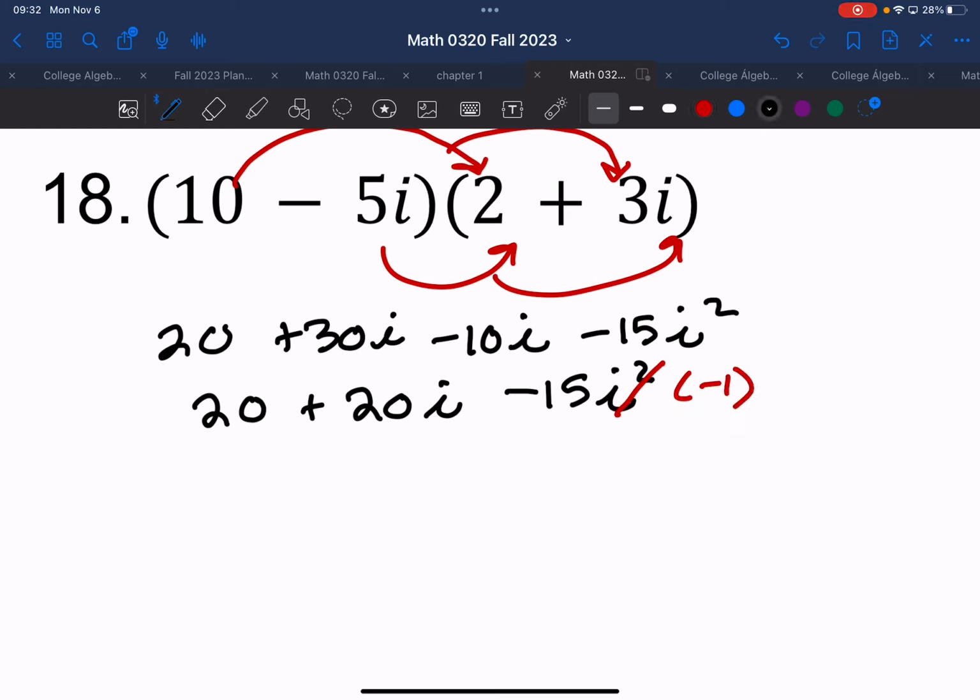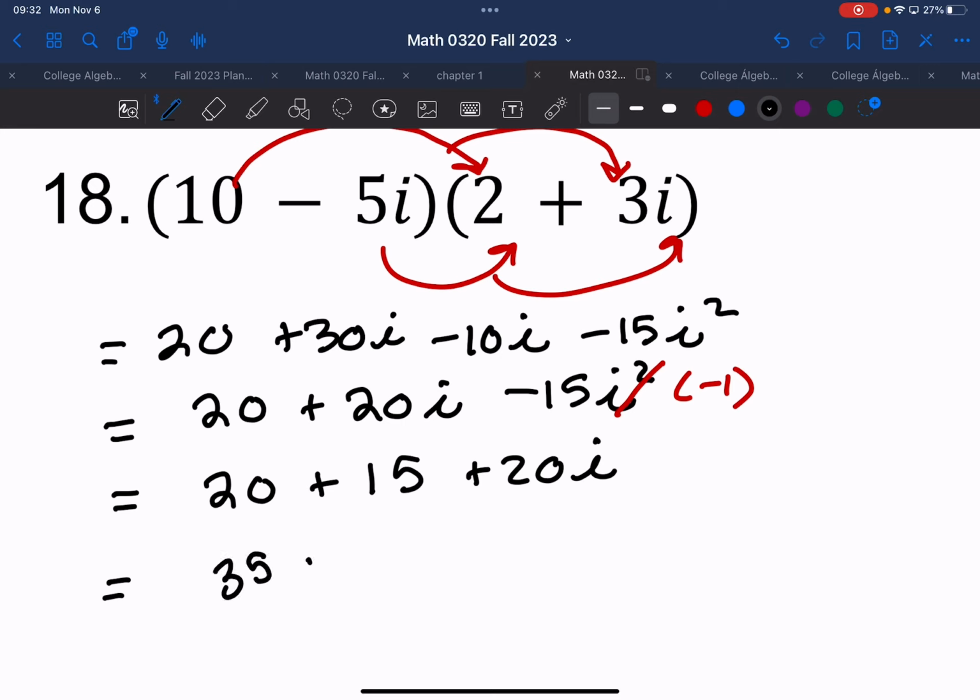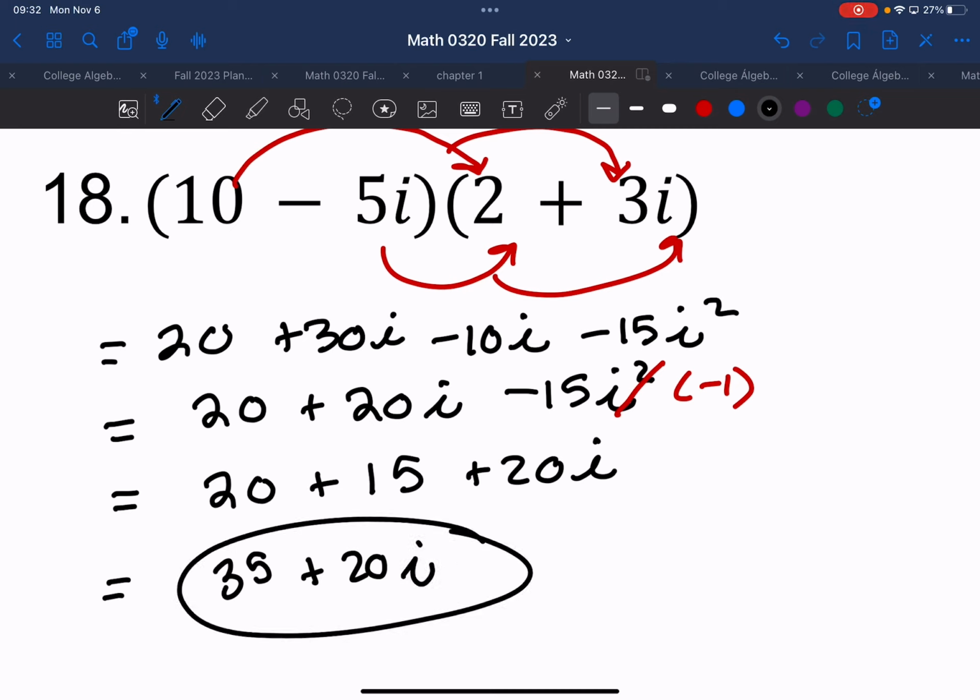So technically I have 20 plus 15 plus 20i, which simplifies to what? 35 plus 20i. That's my answer. I cannot combine those because 35 is real and 20 is imaginary.